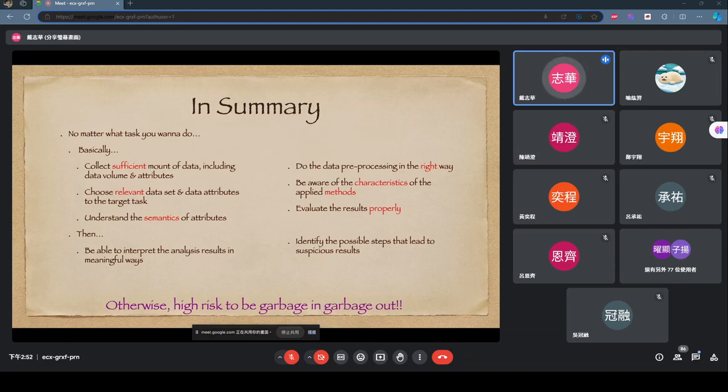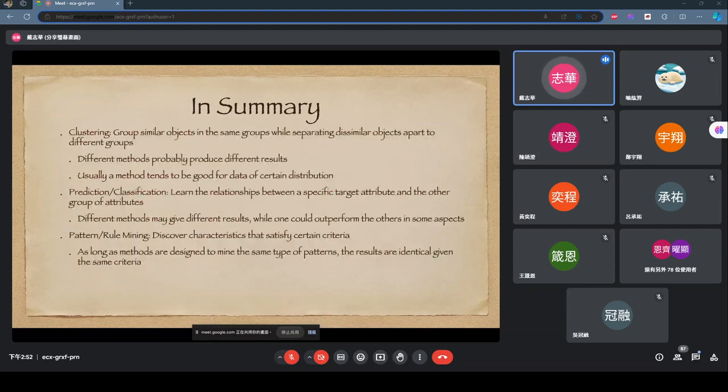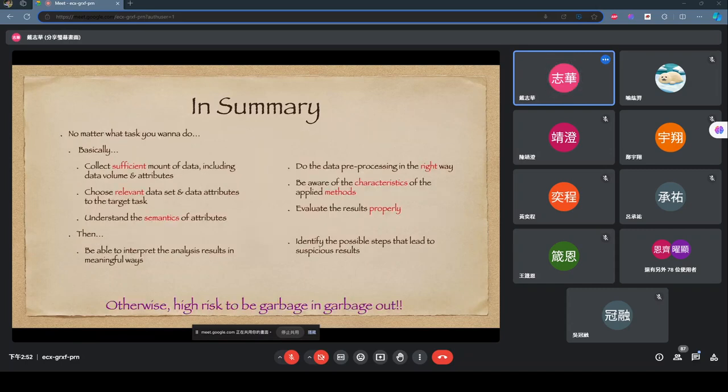So very quickly, let's have a very high concept level summary. No matter what you're doing, clustering, classification, or pattern mining, rules mining, that is all fine. Remember, we always need sufficient data. What is called sufficient?